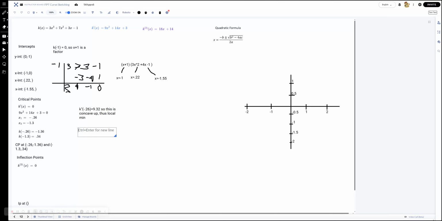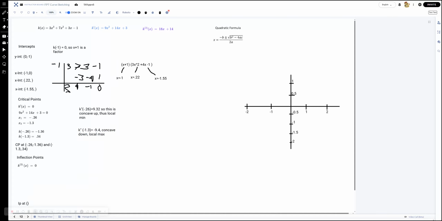Then we do that for the other one, negative 1.3, and we get approximately negative 9.4. And since this is less than 0, this is concave down, so it's a local max.